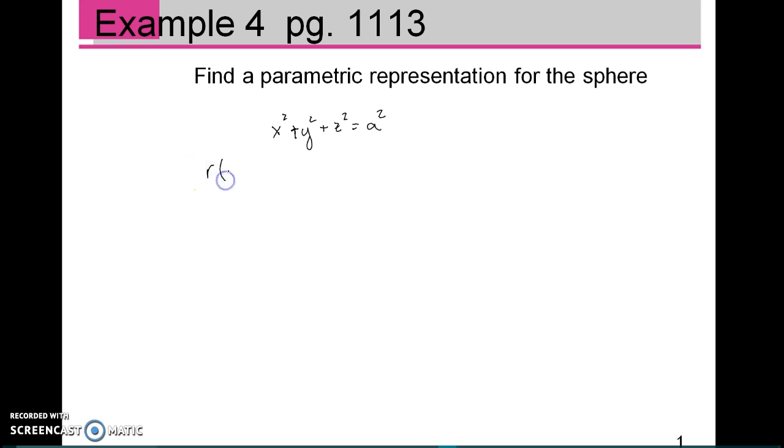So your r has the parameters theta and phi, both of these angles.